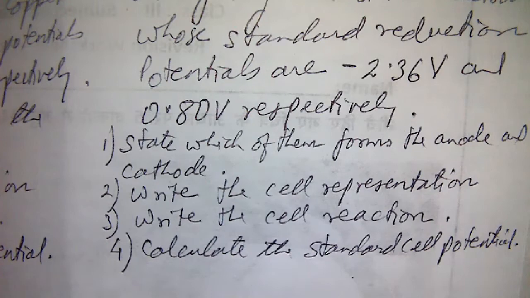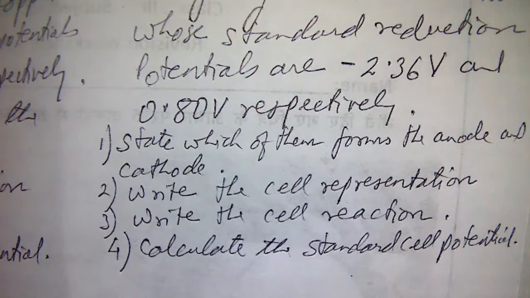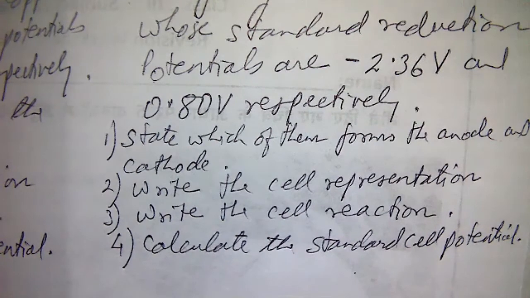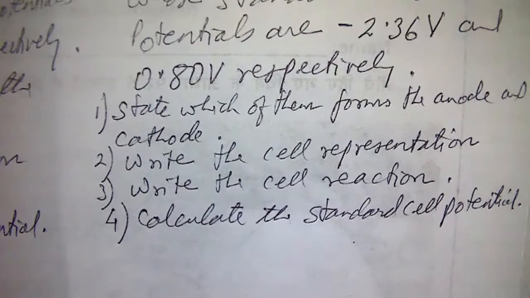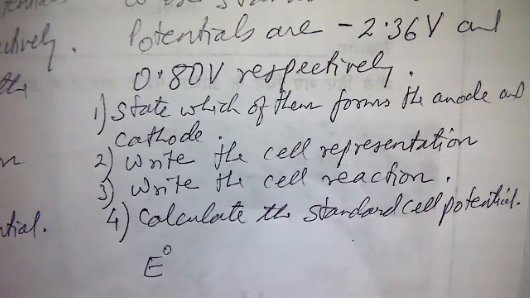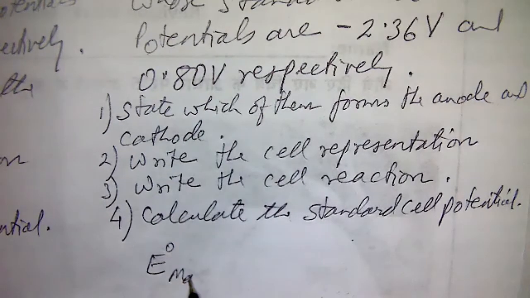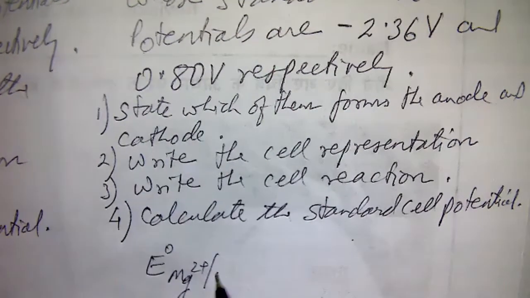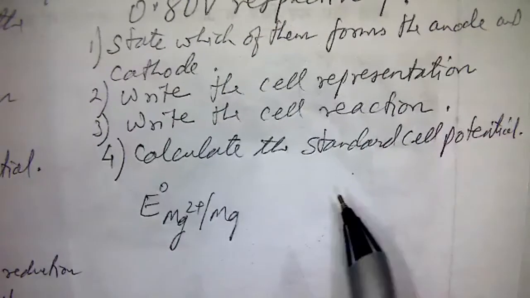Have you done the first one? Which of them is a cathode and which of them is an anode? For that, I've told you, you'll take the value of E naught of the two things. One is magnesium, since it is reduction, Mg2 plus / Mg. How much is it?